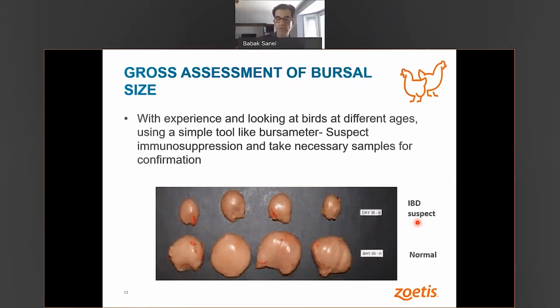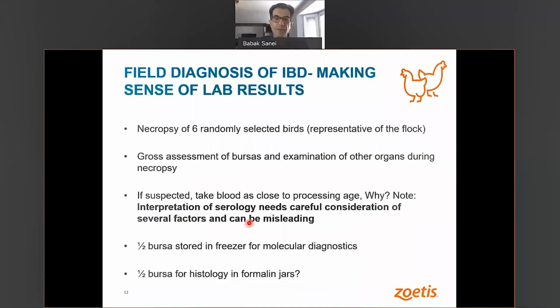When they go and do their job, some of the vaccines, especially the intermediate vaccine or stronger vaccines, would cause some of these smaller sizes. In addition, a field challenge also can cause that.